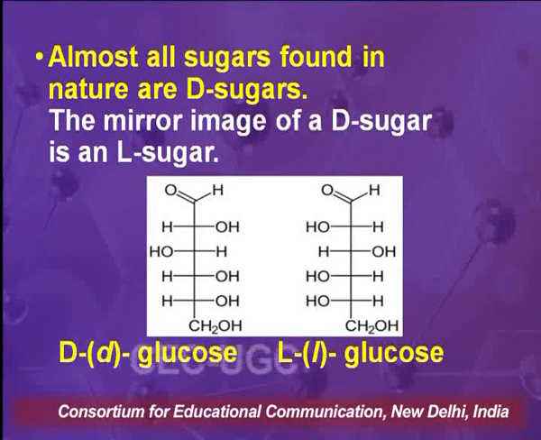And the next thing to remember is that almost all sugars found in nature have D configuration, that is, in them OH is on the right hand side at the highest numbered asymmetric carbon, whereas when we synthesize a sugar in the laboratory, it can have a D configuration or an L configuration.